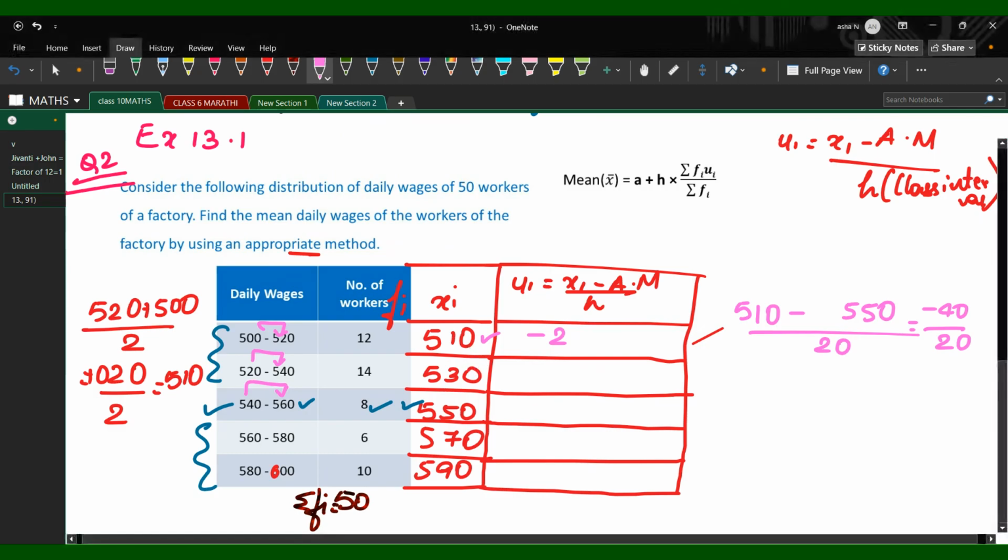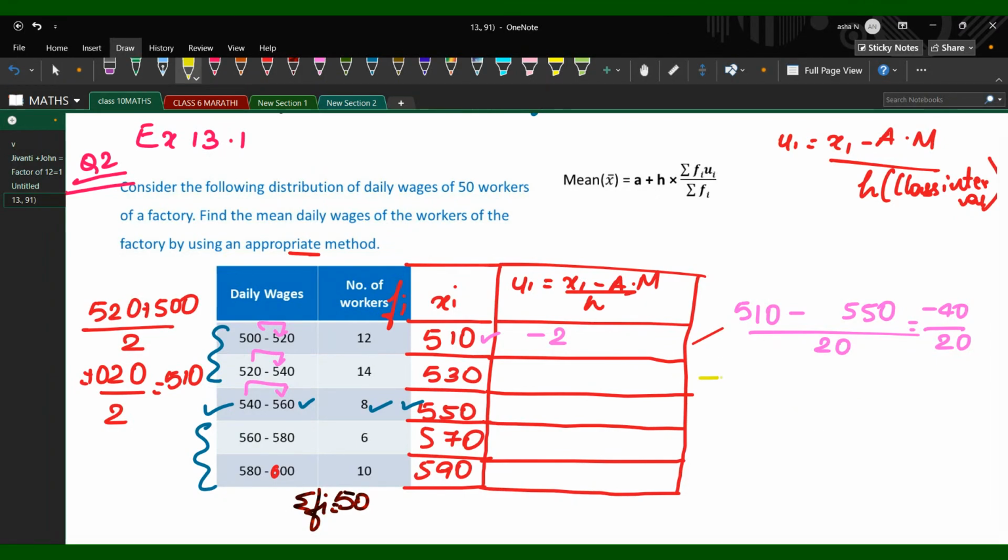Yes, correct. Then let us calculate the next one. Second one also we will give a try: 530 minus 550 upon 20, which is equal to minus 20 upon 20, which is minus 1.